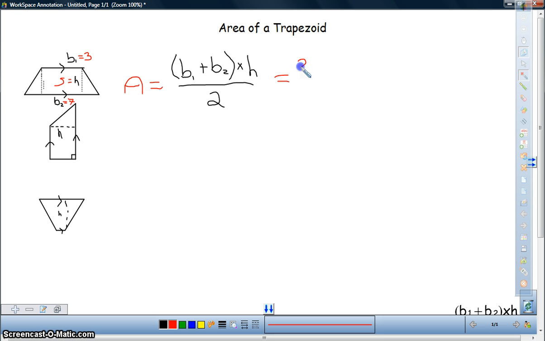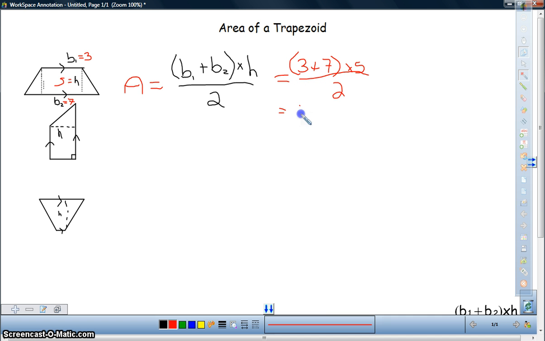So base 1 is 3 plus base 2, which is 7. Our height is 5. And all of this divided by 2.